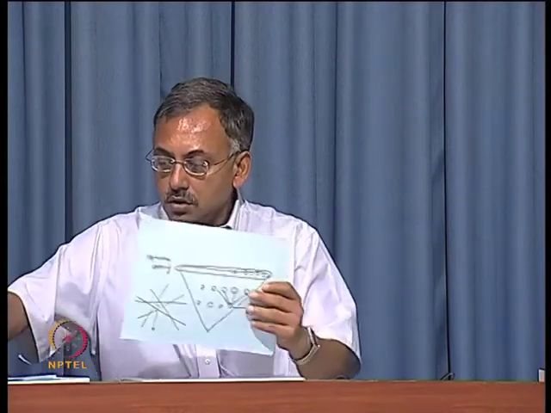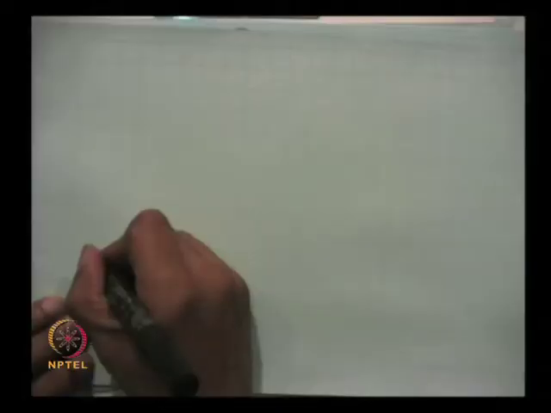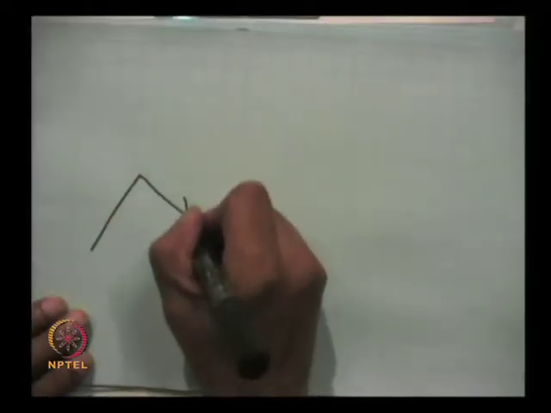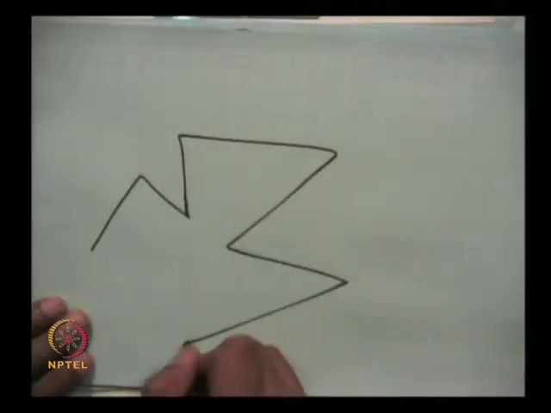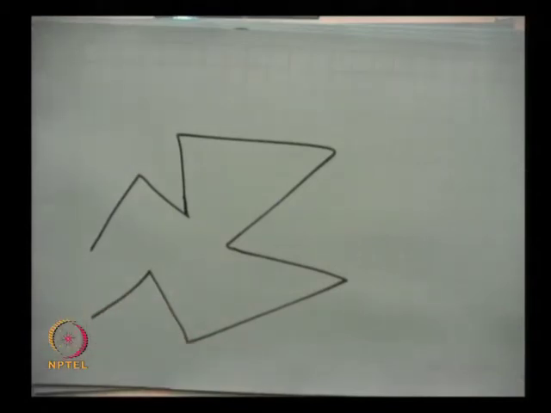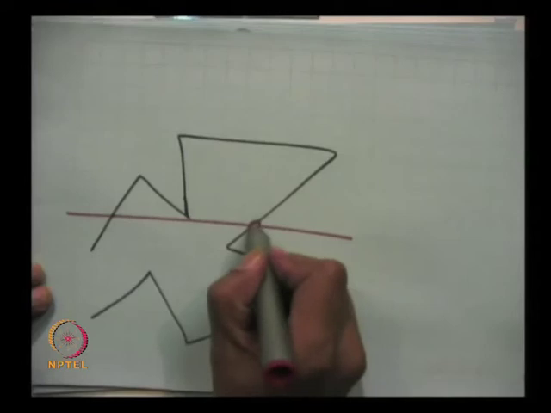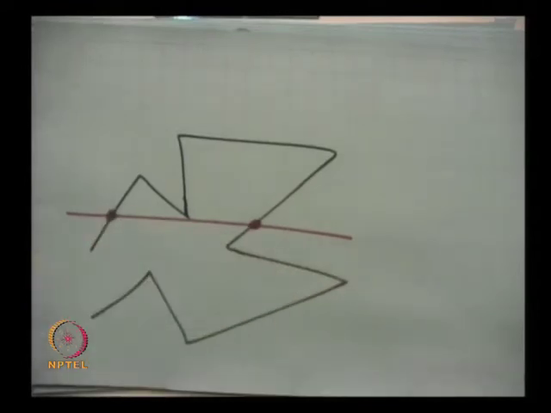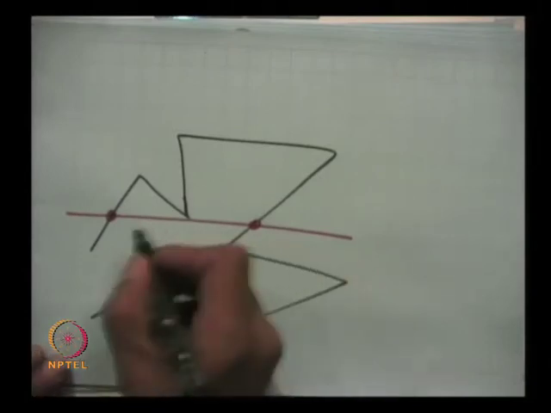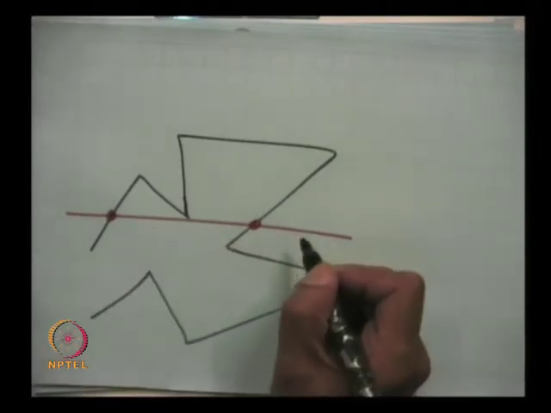So, suppose you have a path and here is a line. Well, maybe this is too good to be true, but let us say I can find each intersection point quickly.